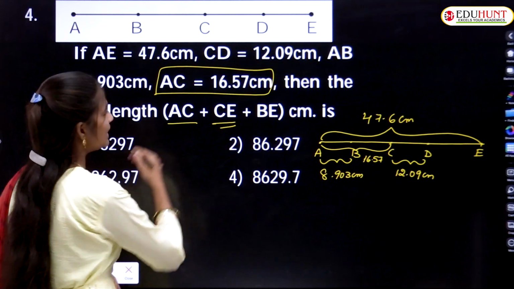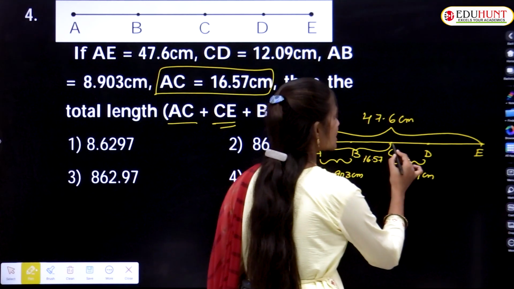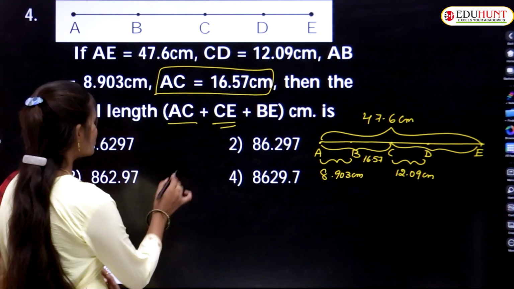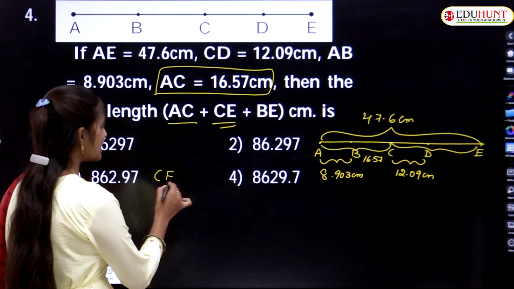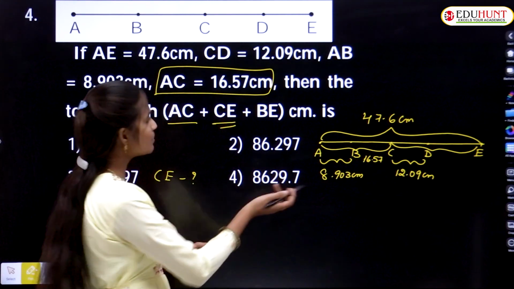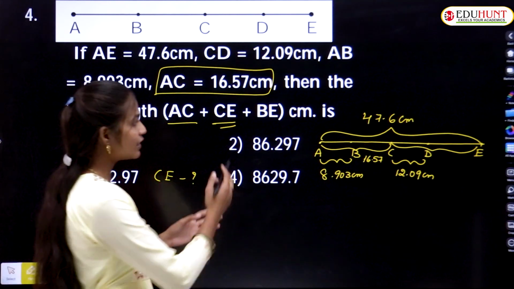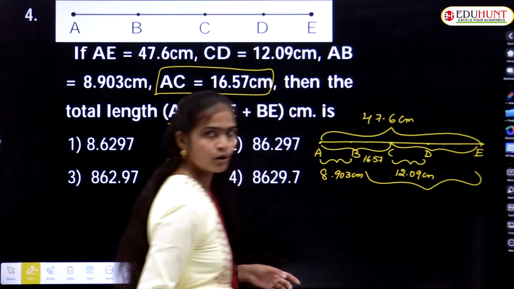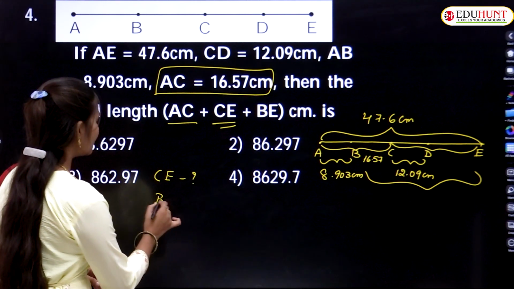Next CE. CE means this total measurement we have to find out. That measurement not there, no, so we need to calculate that CE measurement. Next BE. So BE measurement also not given anywhere here. The total measurement given, but here BE measurement exactly not given. So we need to calculate that BE measurement also.